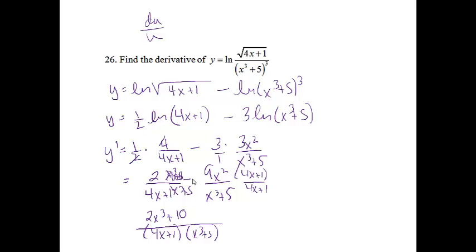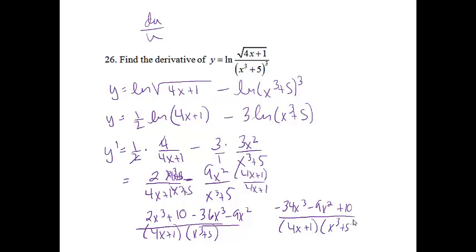This minus sign distributes, so I'm going to get minus 36x cubed minus 9x squared. And then from here I'm going to combine like terms. 2x cubed minus 36x cubed would be negative 34x cubed minus 9x squared plus 10 all over the common denominator of 4x plus 1, x cubed plus 5. And then voila, we are done.